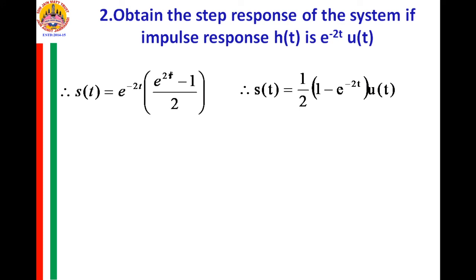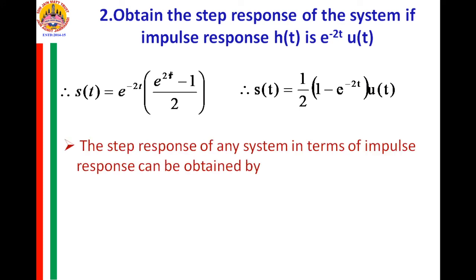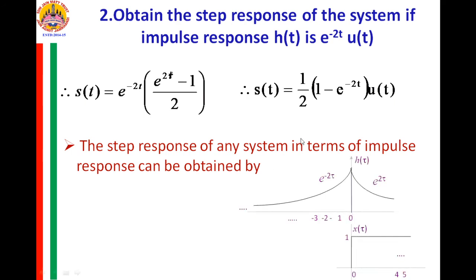In general, if you are obtaining the step response of any system in terms of impulse response, if the impulse response is existing from minus infinity to plus infinity, then we write the general definition of s of t. We observe that this amplitude is only for understanding purpose. I have sketched here.